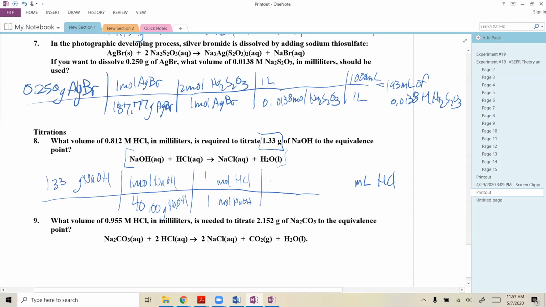Molarity. Are we going to multiply by the molarity or divide? We are going to divide by our molarity. And then we just need to change it into our milliliters. So I'll let you guys get through that one.